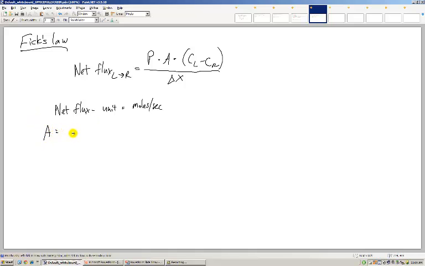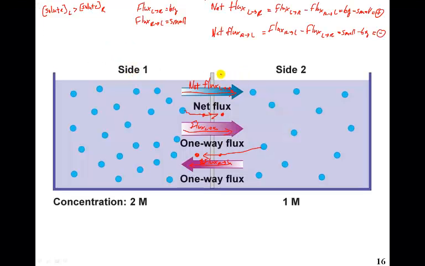A is the surface area of the membrane. A is up here in the numerator, so bigger surface area gives a bigger net flux, and that makes sense, right? You can imagine if there was a bigger chamber and bigger membrane, you'd have a higher number of molecules moving across than if you have smaller chambers with smaller membrane.